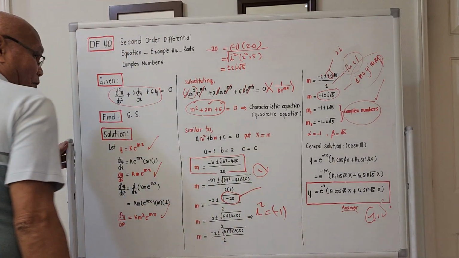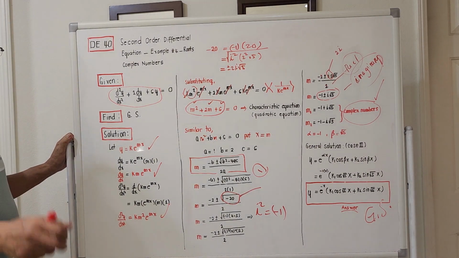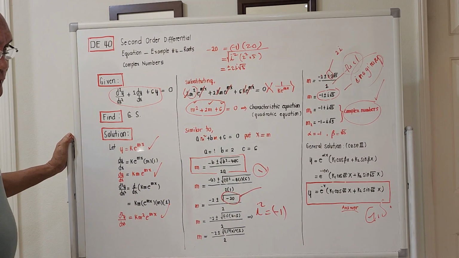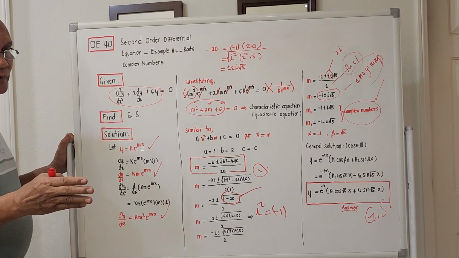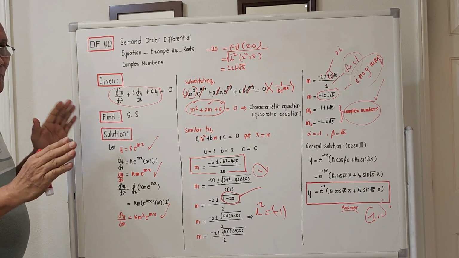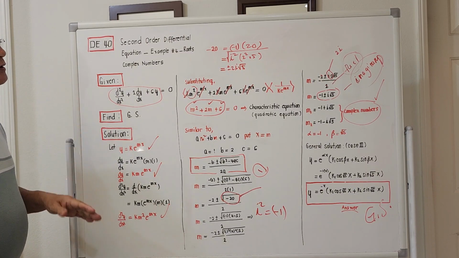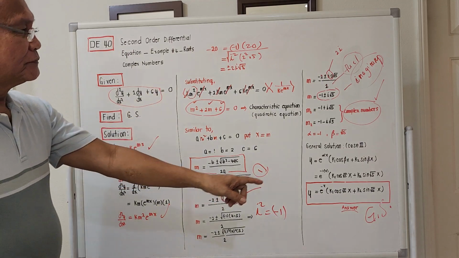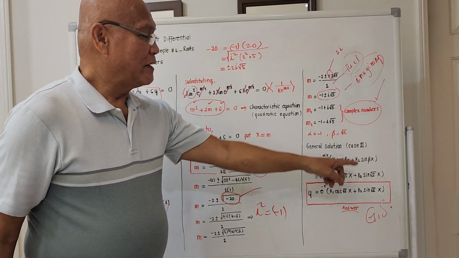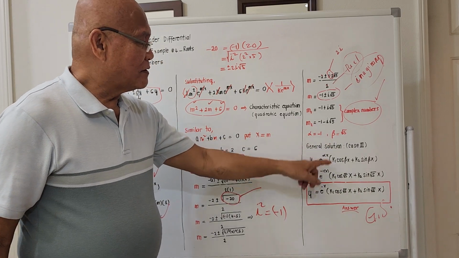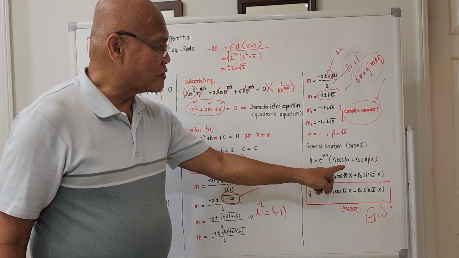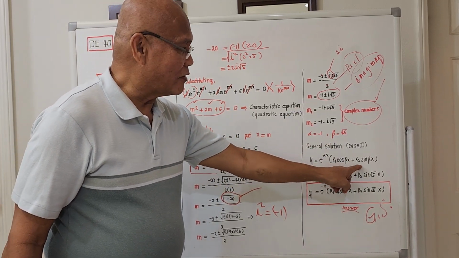That is an example problem of a second order differential equation in which the resulting roots of the general solution are complex numbers. It falls under case number 3. Case number 3. Okay? e to the alpha x times the quantity K1 cosine of beta x plus K2 sine of beta x.